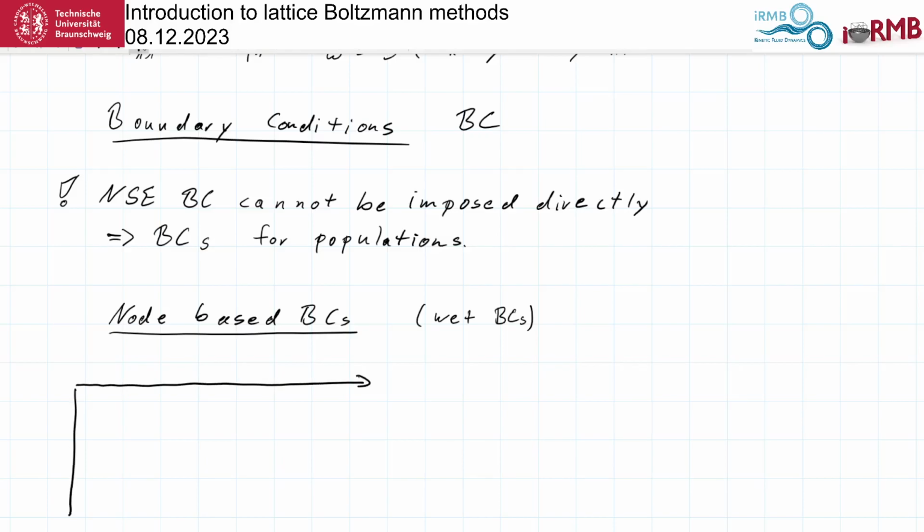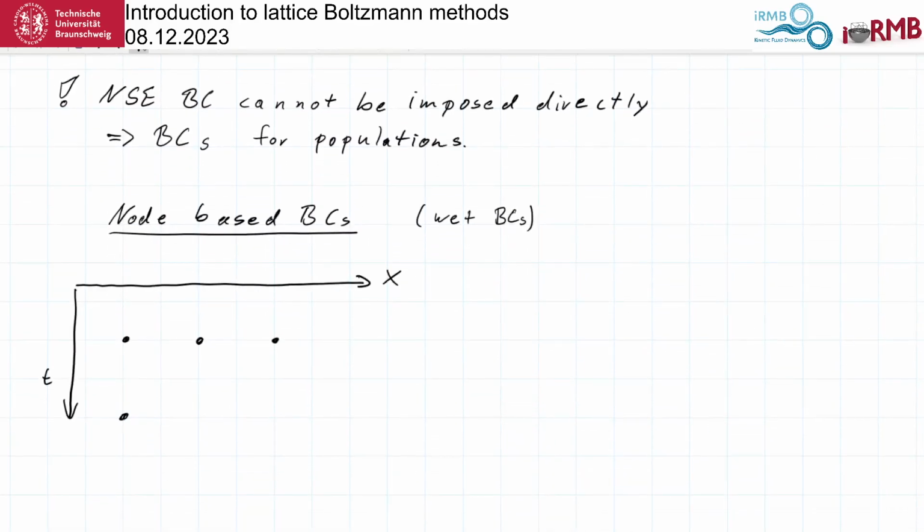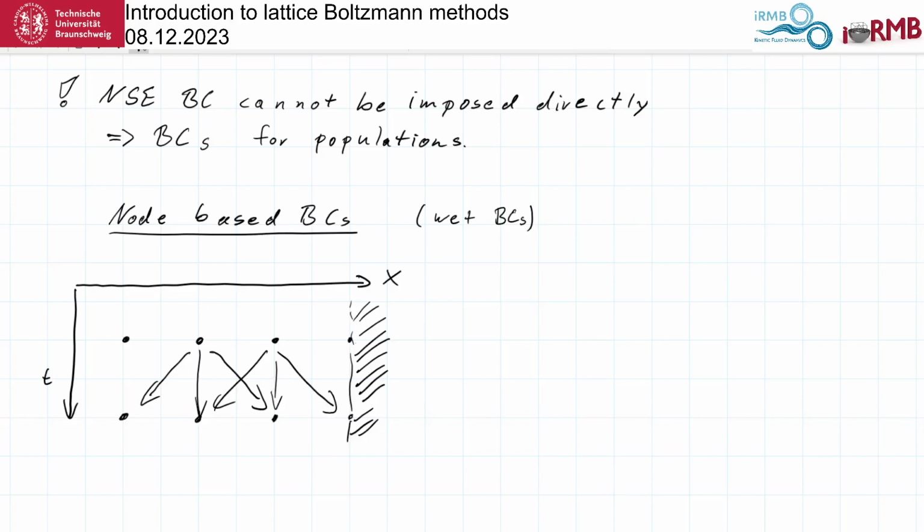So we'll make use of our characteristic diagram with X and T and nodes being placed here. So this, of course, now looks very one-dimensional. Now here would be the next node, and say we'll put our boundary directly here, so that the boundary is directly on a node. And here we have, of course, the population going this way, and this way.